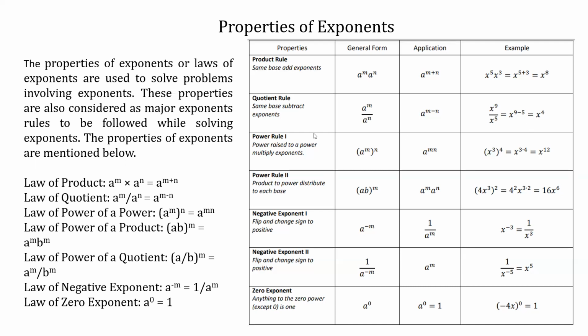Next rule is the power rule, or we say the law of a power. To find a power of a power, we just have to multiply the exponents.